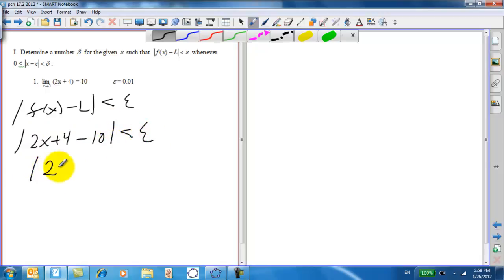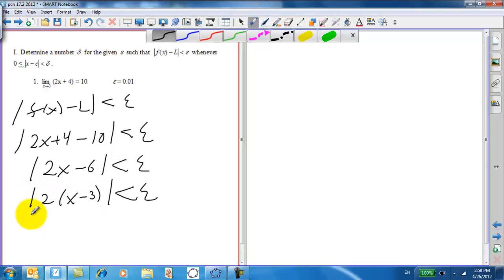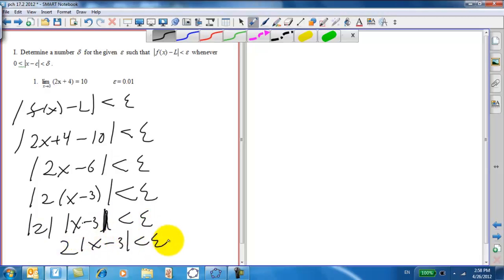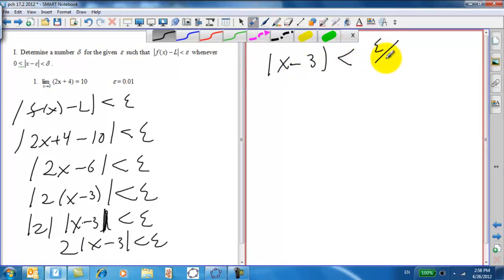So the absolute value of 2x minus 6 is less than epsilon. So the absolute value of 2 times x minus 3 is less than epsilon. So 2 times the absolute value of x minus 3 is less than epsilon. So the absolute value of x minus 3 is less than epsilon over 2.